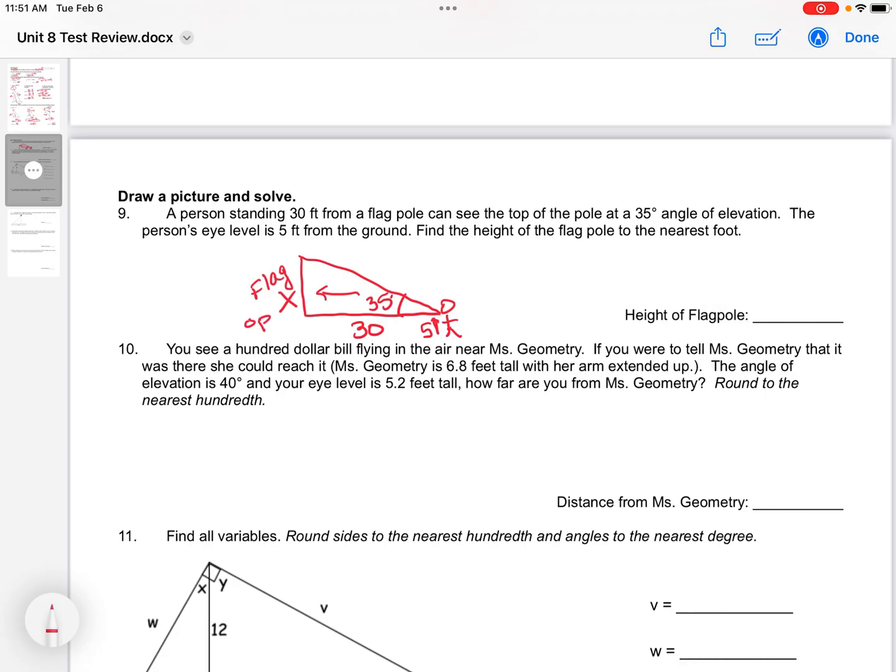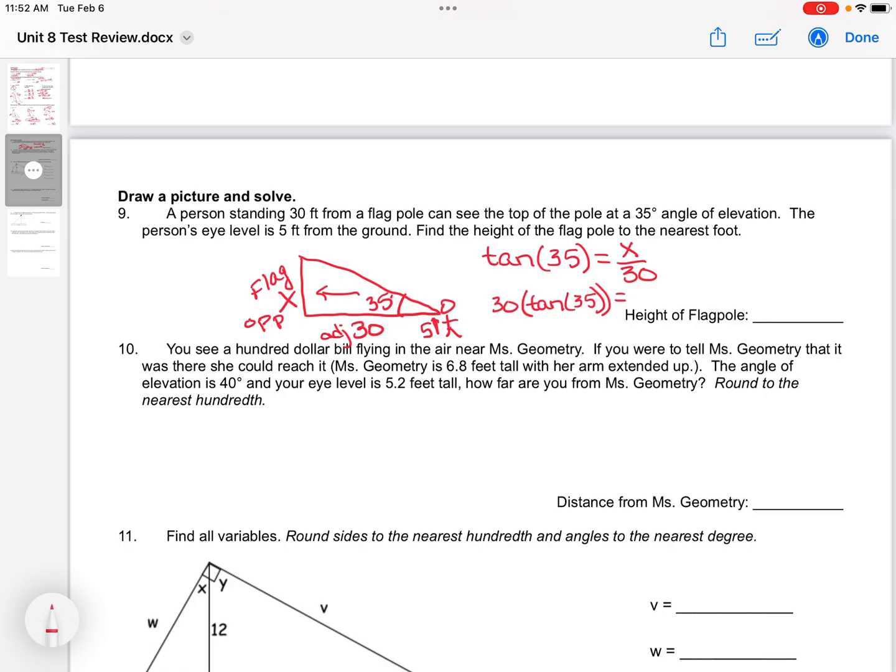So opposite, adjacent, tan 35 equals x over 30. I'm going to cross multiply. I'm going to multiply 30 times tan 35.